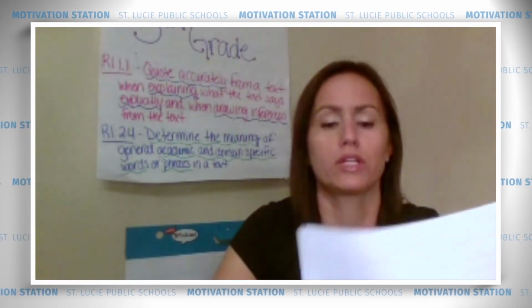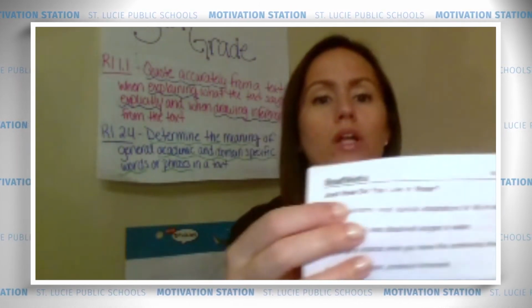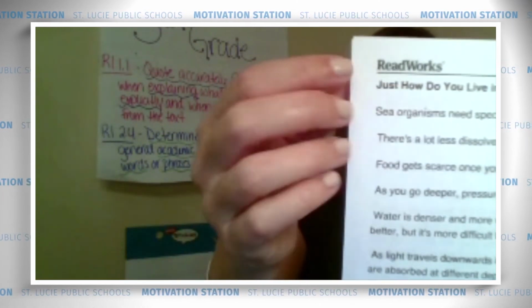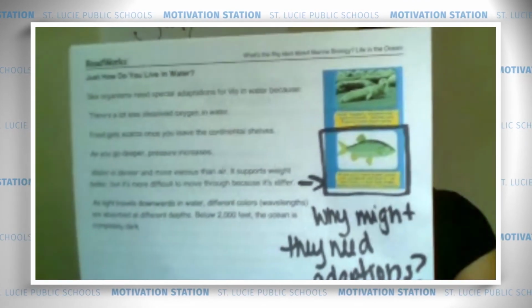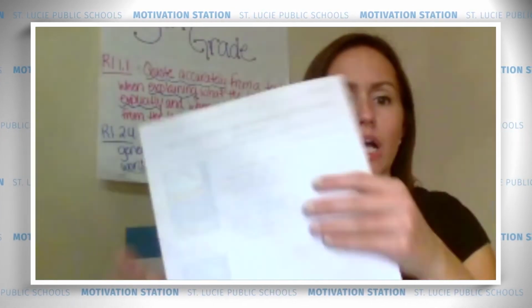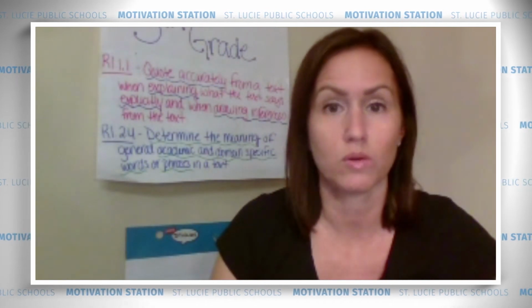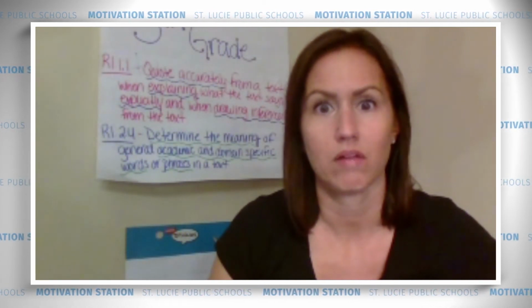And the last one, which we already talked about a little bit, it says, just how do you live underwater? So what do you think that section was about again? Good. How they live underwater. How do all of these creatures live underwater? And what are the adaptations that they have to live underwater?